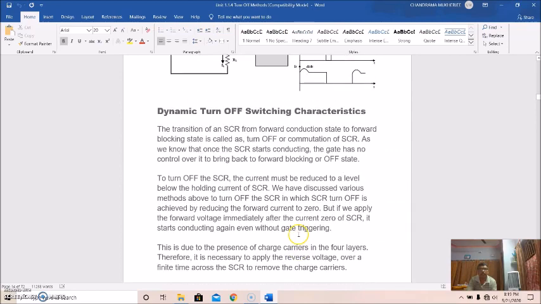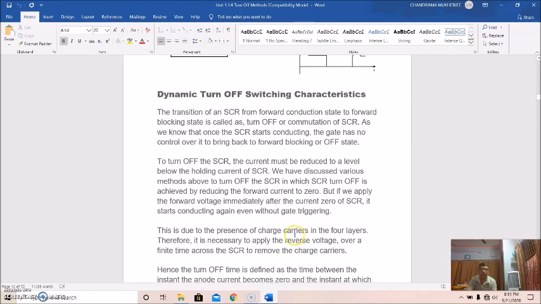Once again, I am telling you, the main objective of turn-off is to remove the excess carriers from the outer 2 layers and from the inner 2 layers also. One is by removing them, and the other by recombination in the junction J2.